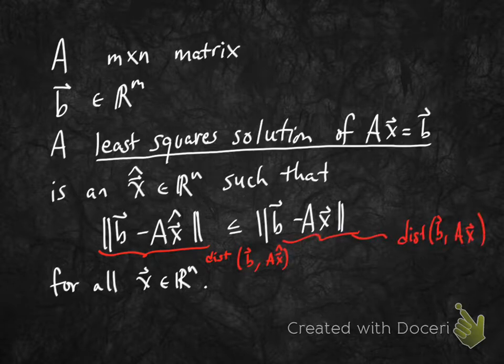So this length of b minus A x hat is the distance between b and the vector A x hat. And similarly, the length of b minus Ax is the distance between b and the vector Ax. And what we want in a least squares solution x hat is that the distance between b and A x hat is less than or equal to the distance between b and Ax, where x ranges over all vectors in R^n.